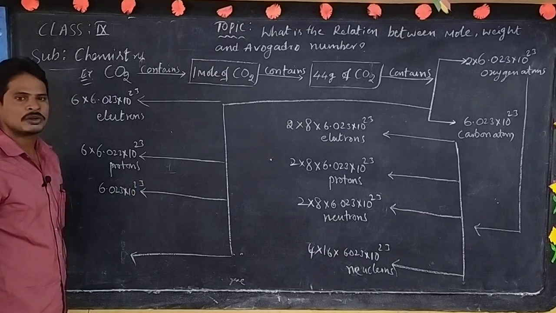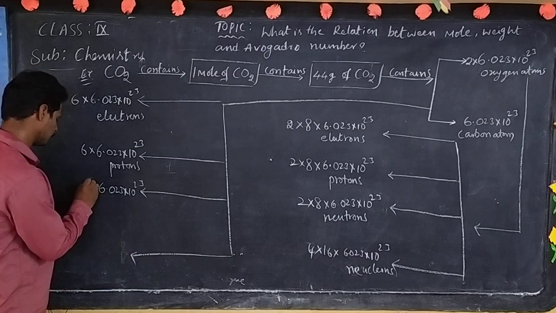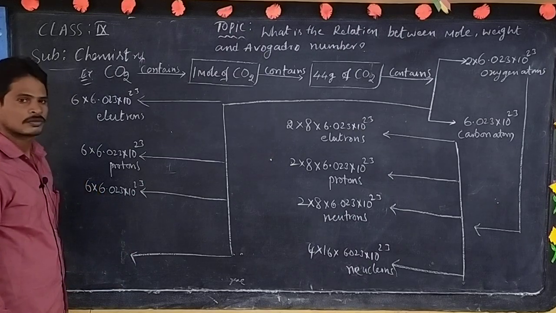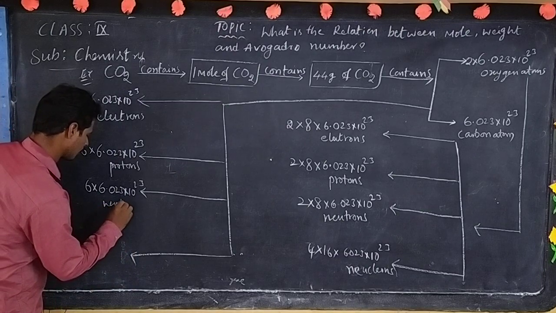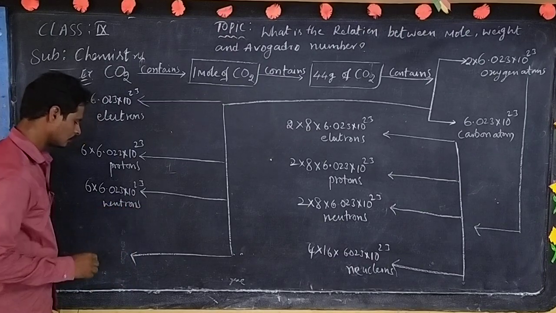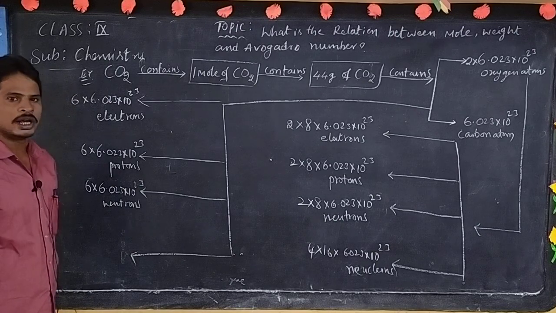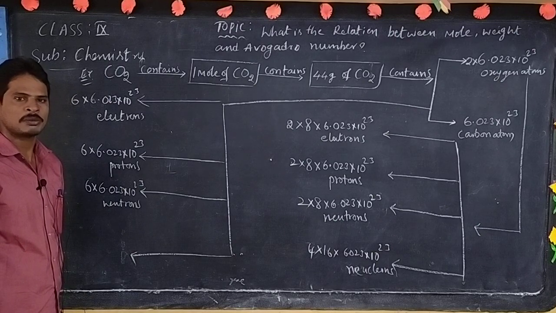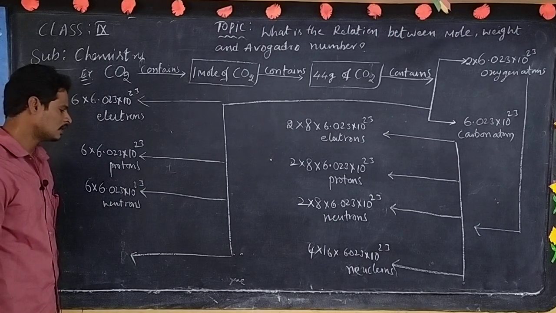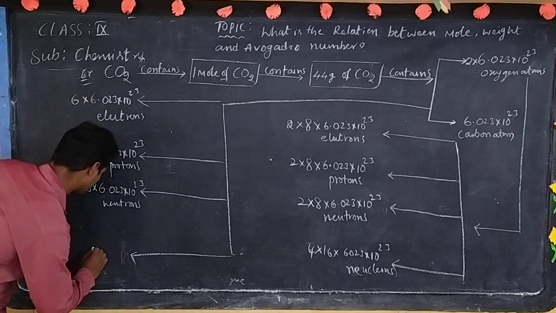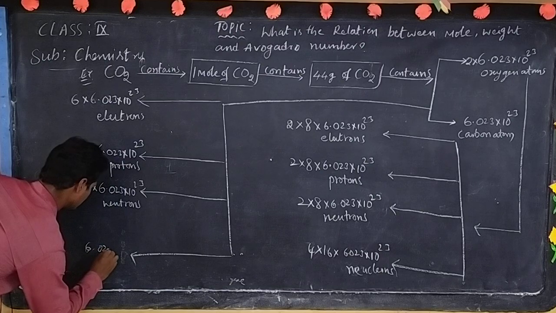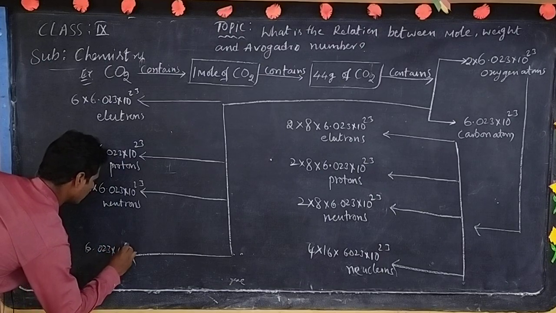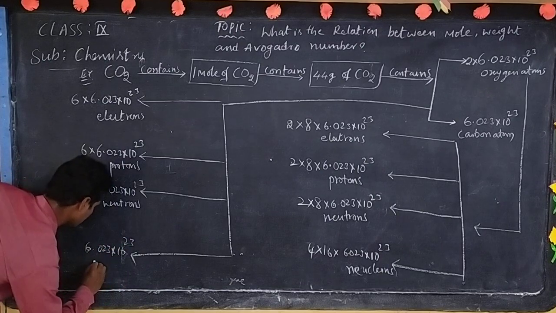Carbon contains 6 neutrons. Next, nucleons. What is the meaning of nucleons? The sum of protons and neutrons is called nucleons. One nucleon contains 6.023 into 10 to the power 23 nucleons.